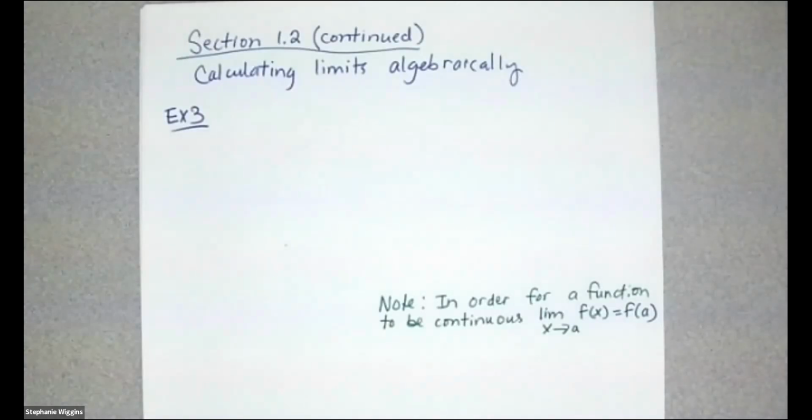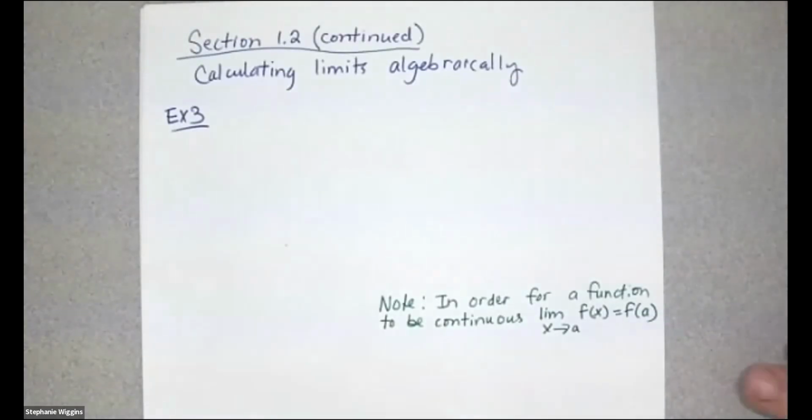Okay, so in order for a function to be continuous, the limit as x approaches a of our function f of x is equal to the function value at a. So if you're looking for the limit of a continuous function, all you do is plug in your a into the function, and then that will be your limit value, okay?